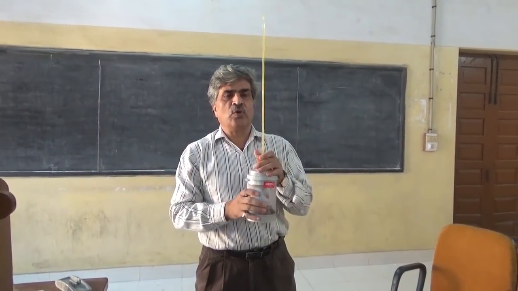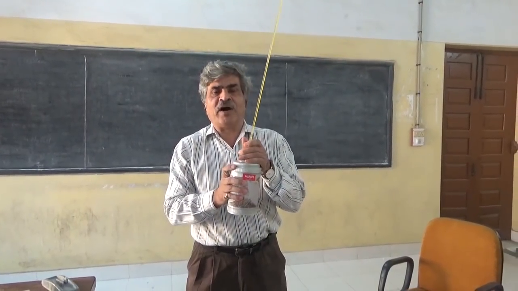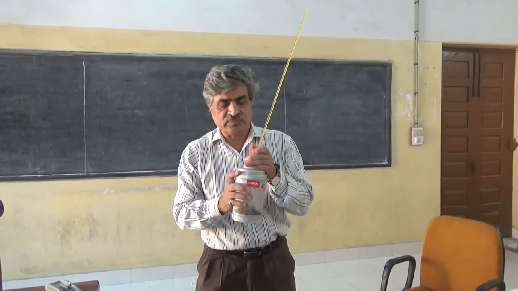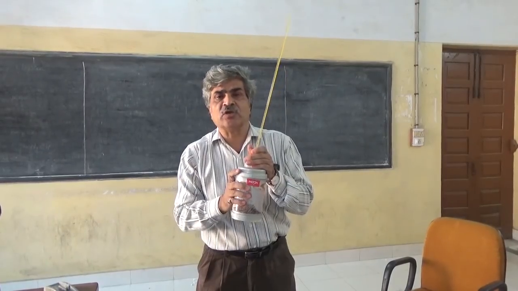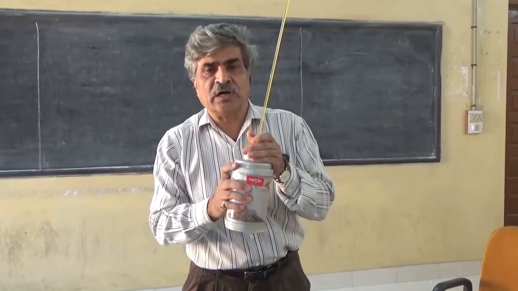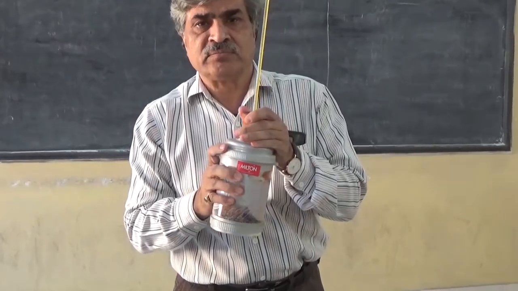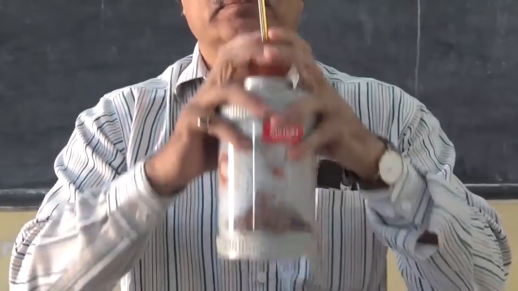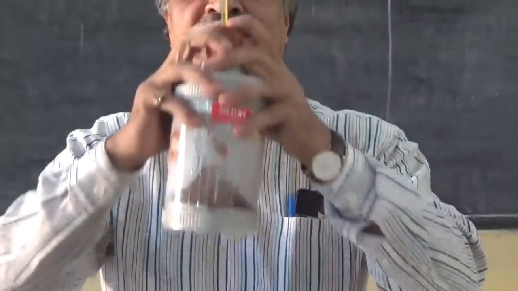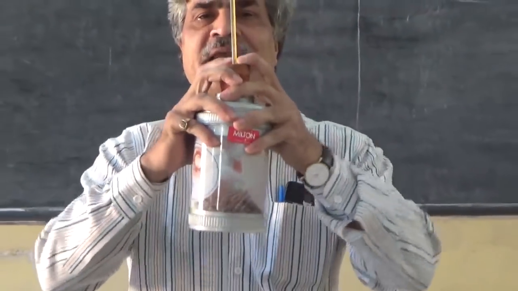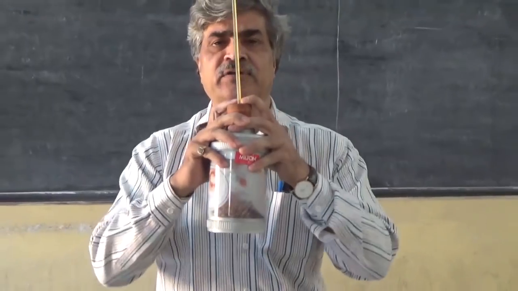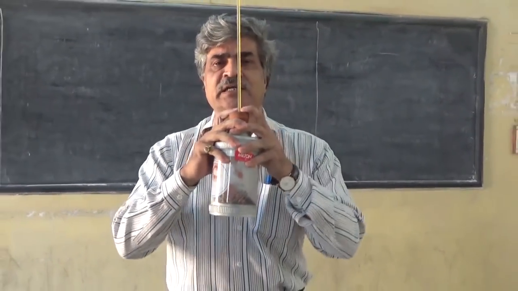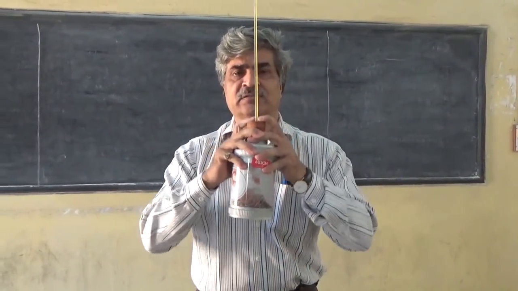Then we add 5 milliliters of standard solution of hydrochloric acid. Then we mix it properly. What will happen? When acid and alkali are there, we have got hydrogen ions and hydroxyl ions, and neutralization occurs.